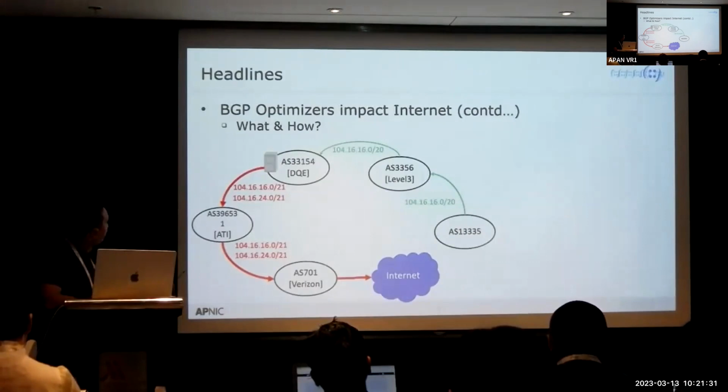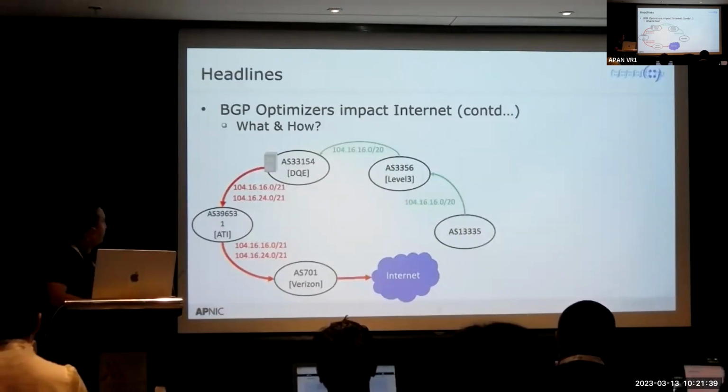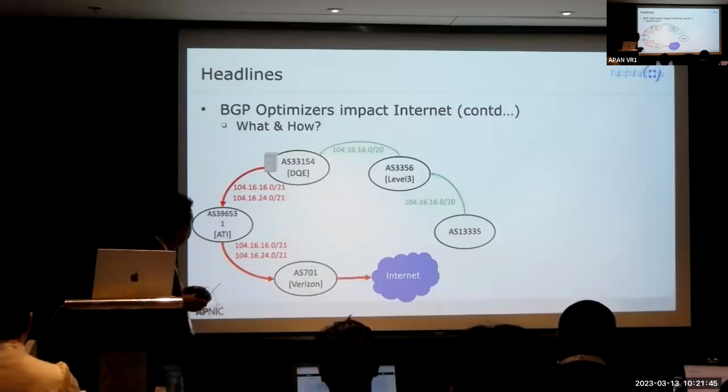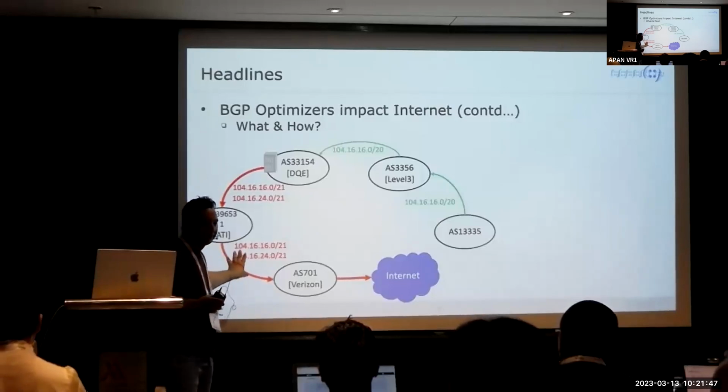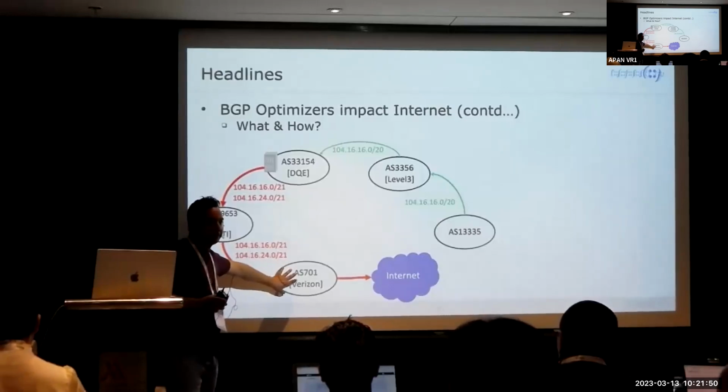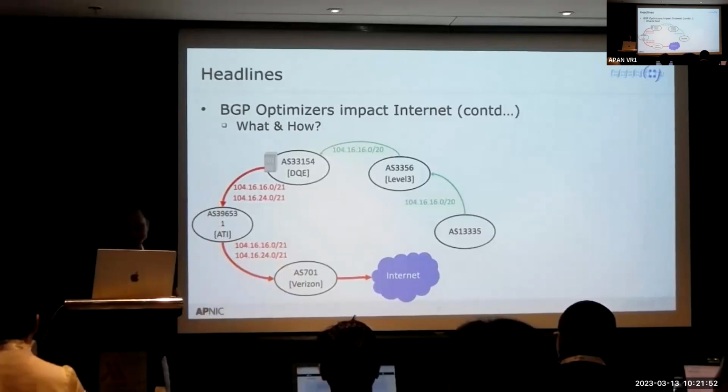Then there is 701 Verizon, which is one of the largest providers in the North American region, and it's basically propagating over the internet. So you can see that even though this has been fabricated, the big provider is still accepting it.